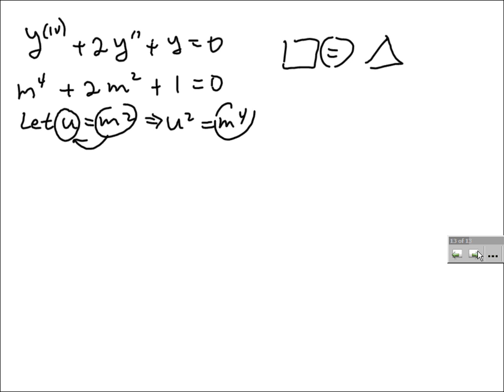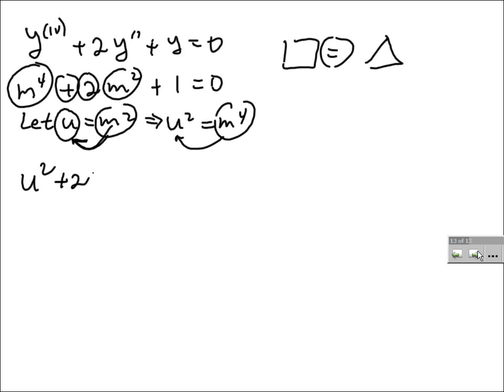Another way of saying m to the fourth is u squared. Plus is plus, 2 is 2. Another way of saying m squared is u, plus 1 equals the number 0.